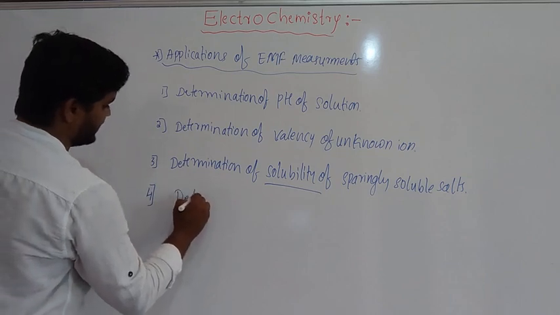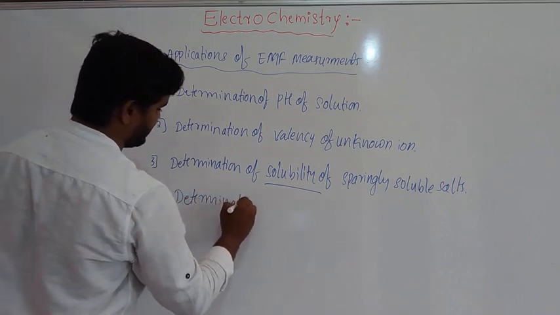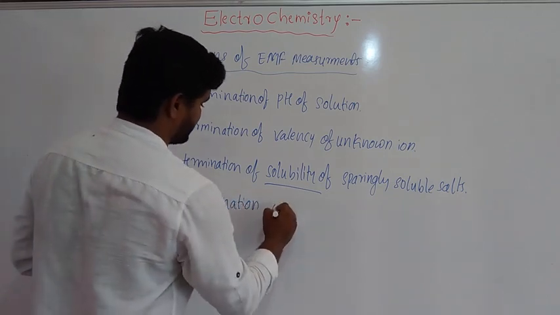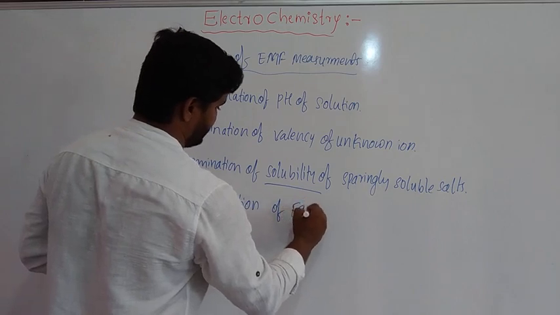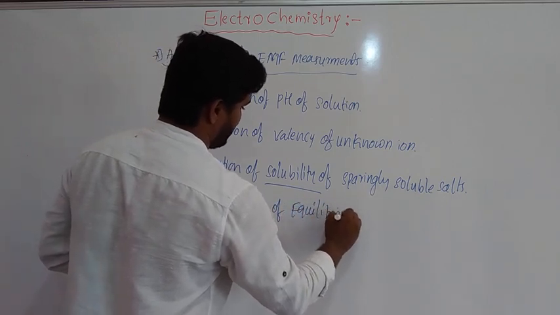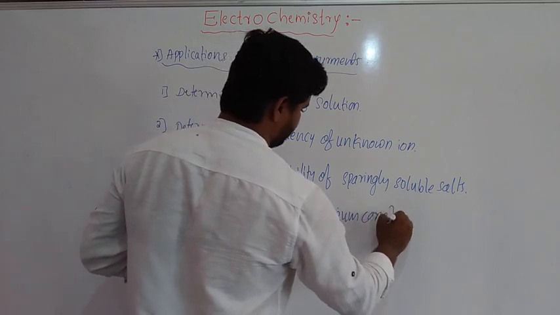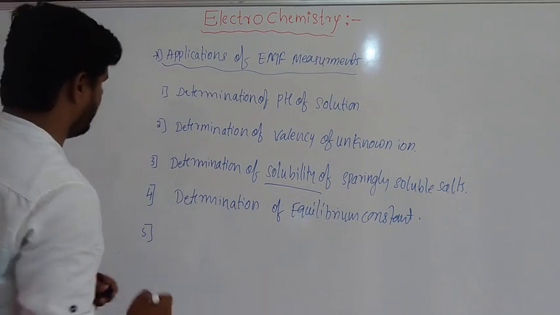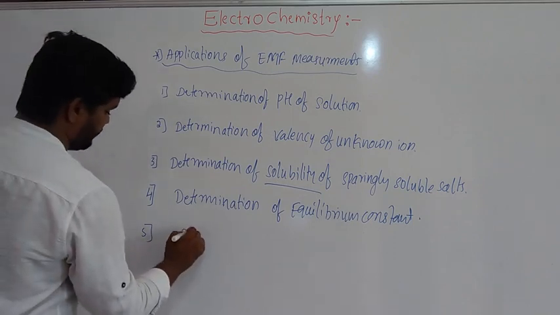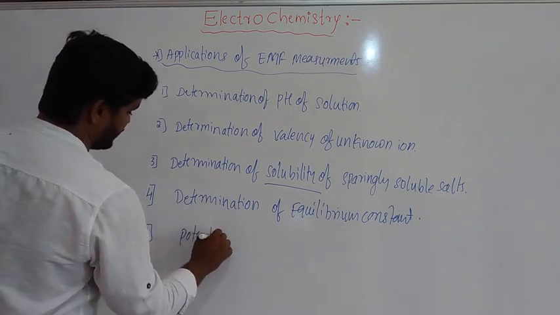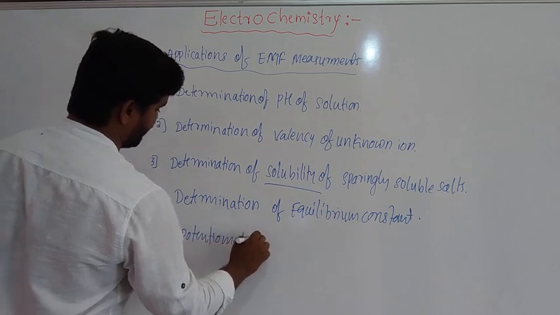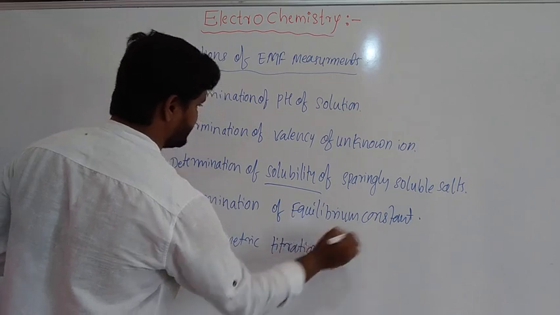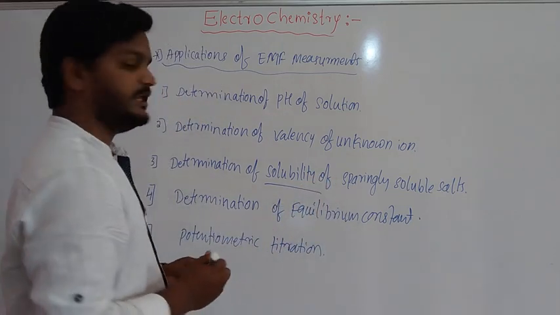By using EMF, electromotive force, we can easily determine the equilibrium constant, that is K. And the last one, by using EMF, we can easily find out the potentiometric titration values. So these are the applications of EMF measurements.